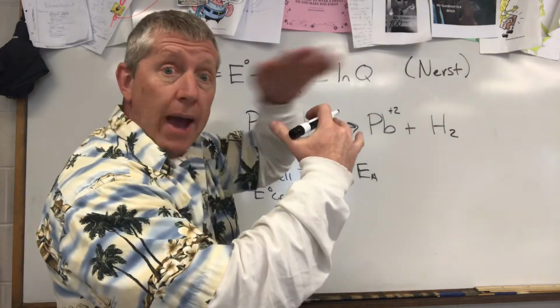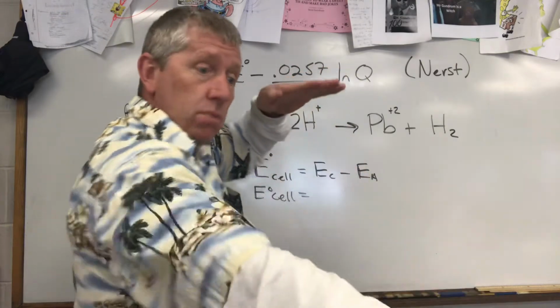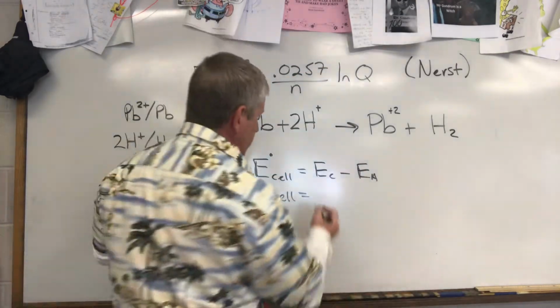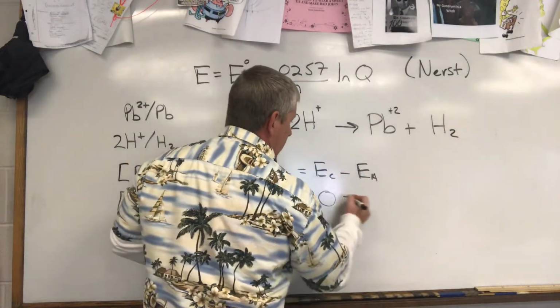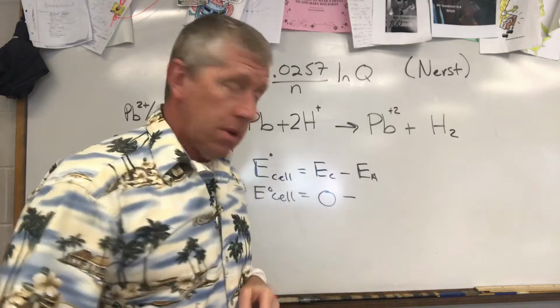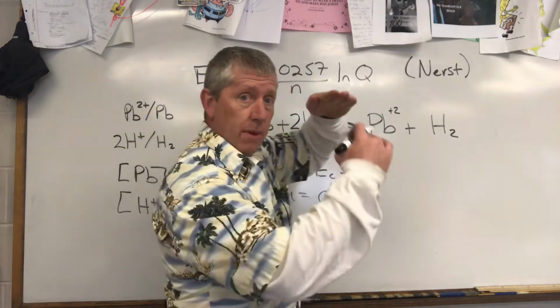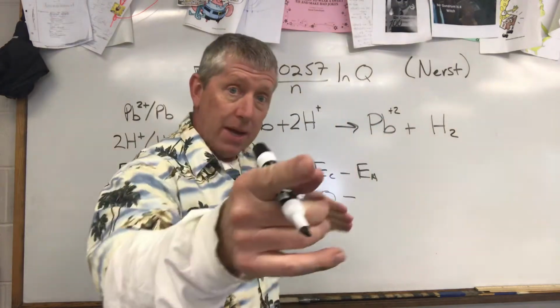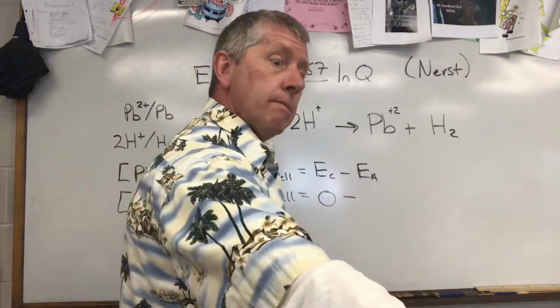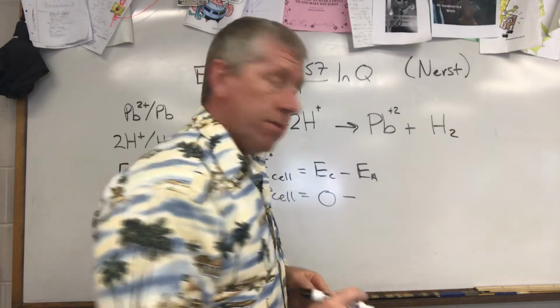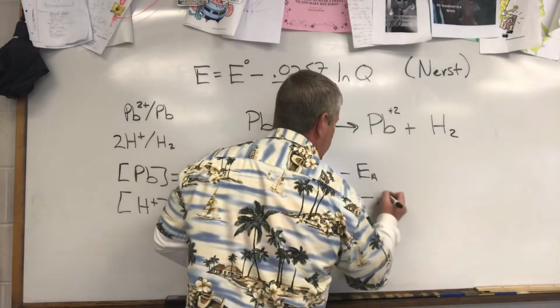Who underwent reduction? The hydrogen. The hydrogen was higher. Its number value is 0, so that goes in as 0. Minus the E at the anode, the thing that undergoes oxidation. That was the lower one, that was lead, and the lead's number is negative 0.13.